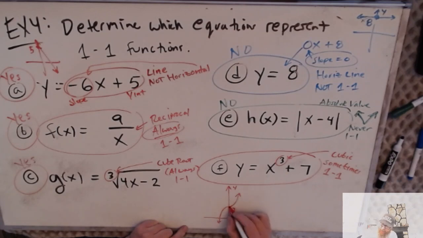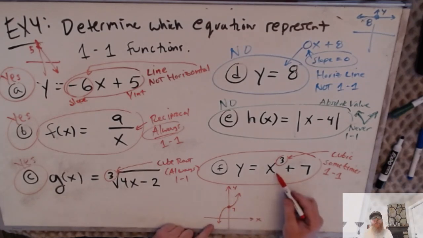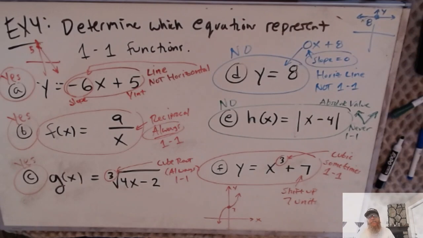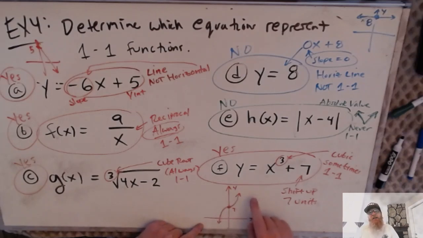It would look like the mother function with a vertical shift up 7 units. So this would be a 1 to 1 function. This would be a yes. Yeah, see? If you draw a horizontal line, it will never touch this graph more than once.